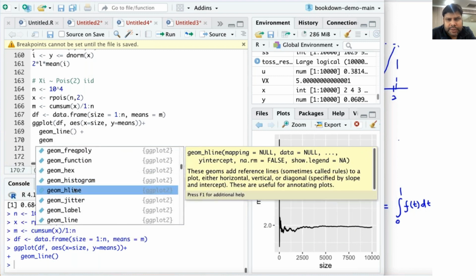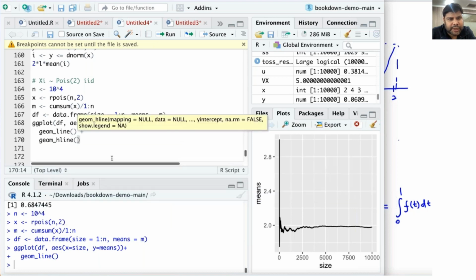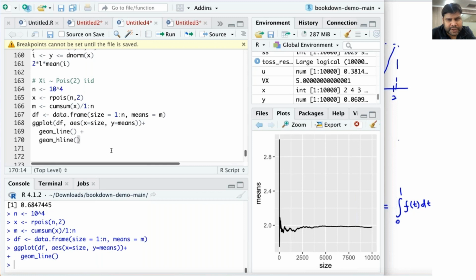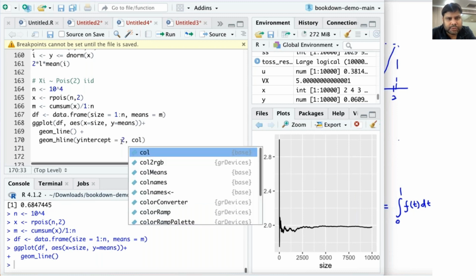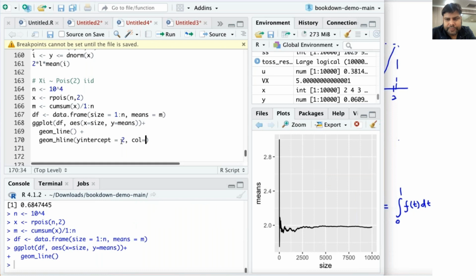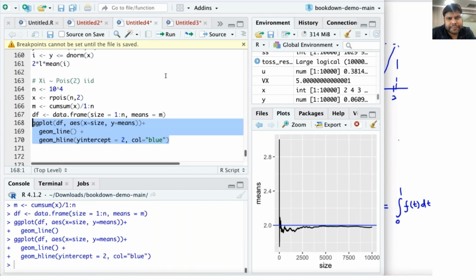You just have to specify the y-intercept. Y-intercept is equal to 2. Let's put a color equal to maybe blue. Let's run this. You can see it over here.